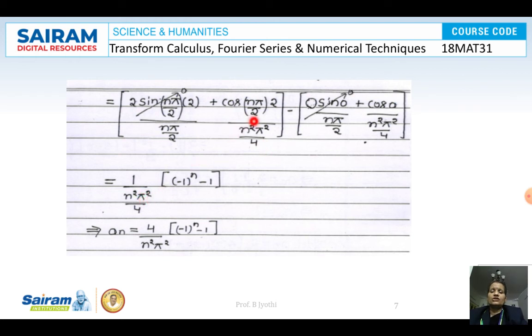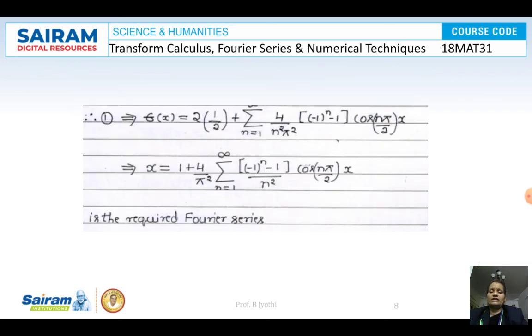And we get cos n pi is minus 1 power n and cos 0 is 1. Therefore, minus 1 power n minus 1 is there inside the bracket, and outside this 4 will go to the numerator, and we get an is equal to 4 divided by n squared pi square into minus 1 power n minus 1. We got the value of an now.